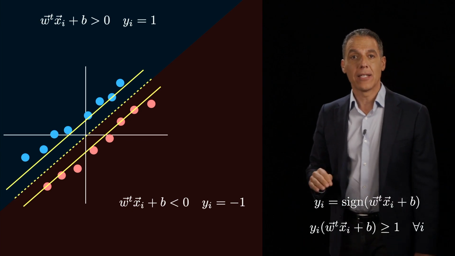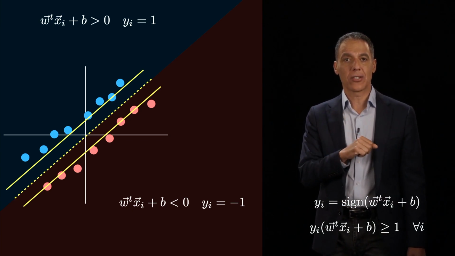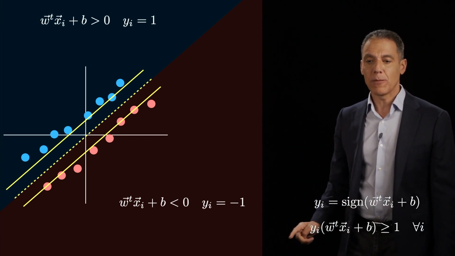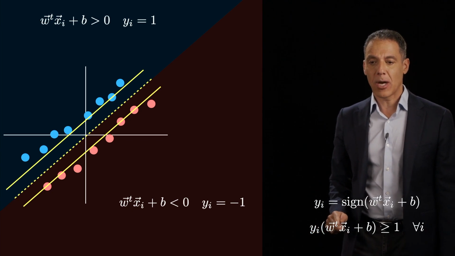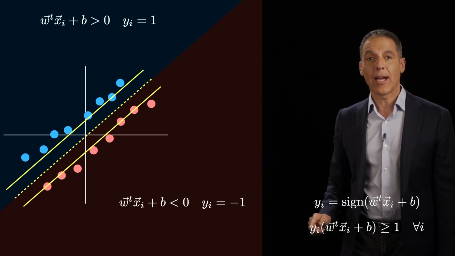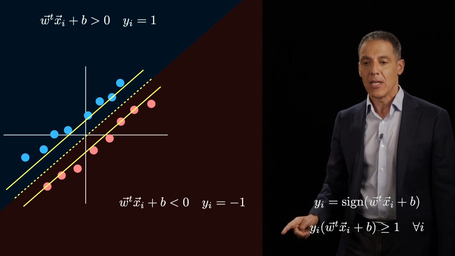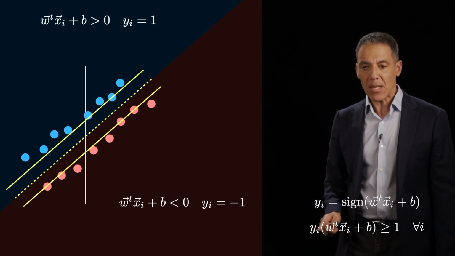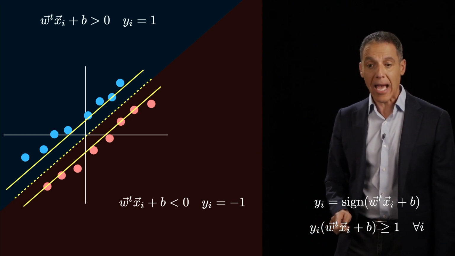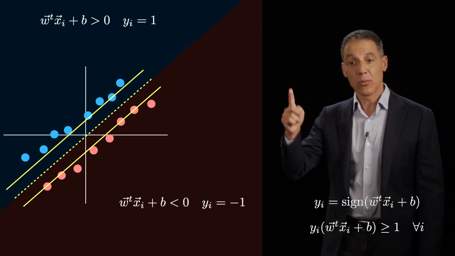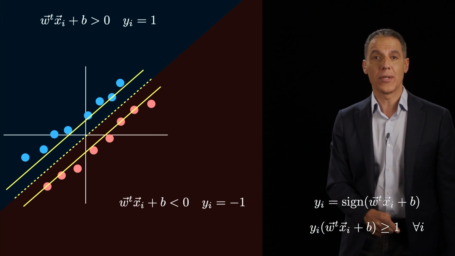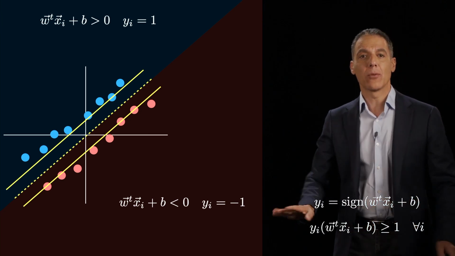And now I can have a single optimization that looks like this. I want to find the w that says that y sub i, the class label 1 or negative 1, because y is defined to be the sign, times w x plus b, which is what we've just been talking about, should always be greater than or equal to 1 no matter what.